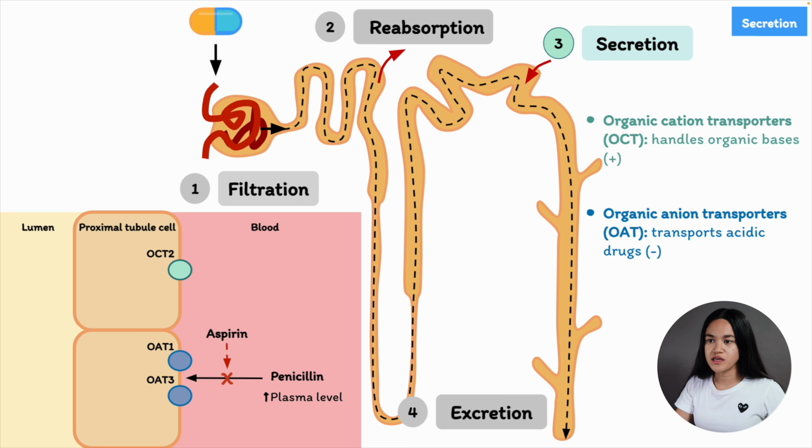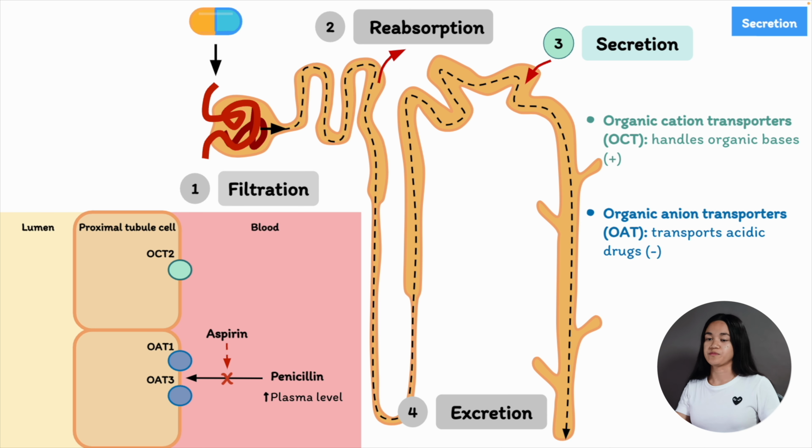So the half-life will be increased and you will have a longer therapeutic activity. But we have a problem here because it can lead to potentially toxic effects if the concentration of penicillin becomes too high. Prolonged exposure to high concentrations of an antibiotic such as penicillin may also contribute to the development of antibiotic resistance. Okay, so that just shows how drug interaction works, okay?